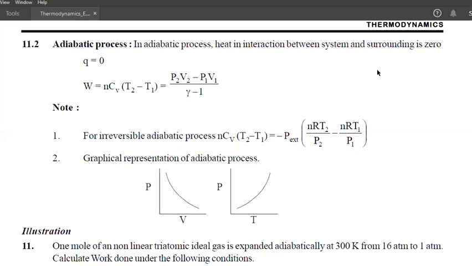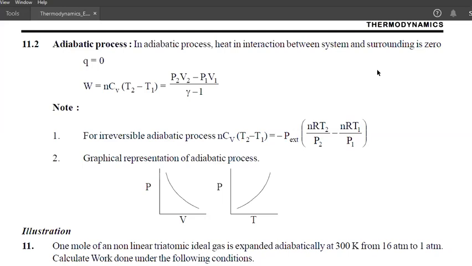Can you see the problem? 1 mole of non-linear triatomic gas is expanded adiabatically at 300 Kelvin from 16 atm to 1 atm. Calculate work done under the following condition. So for non-linear triatomic gas, how much is Cv? Does everyone remember? Cv is 3R and Cp is 4R.